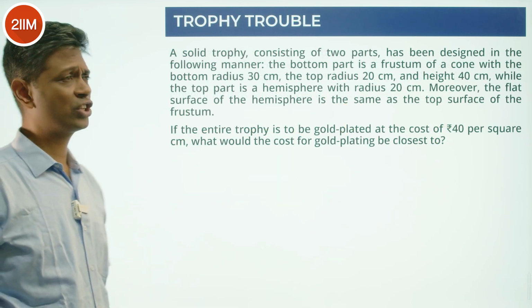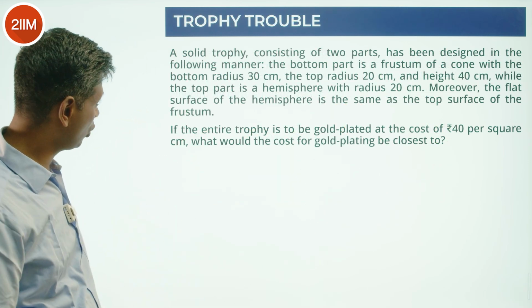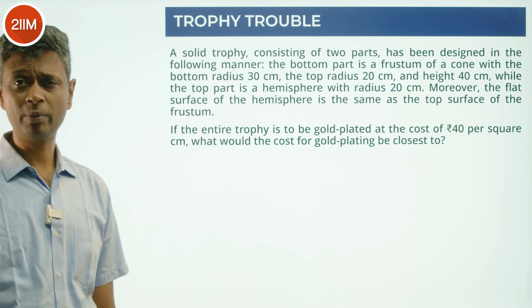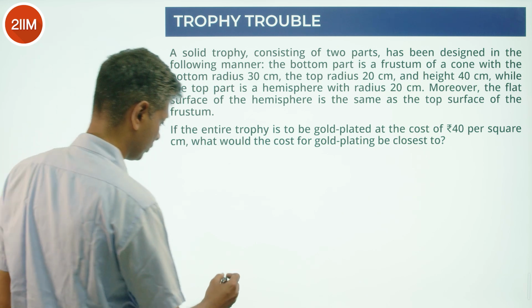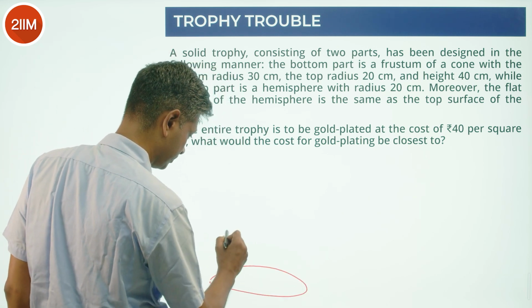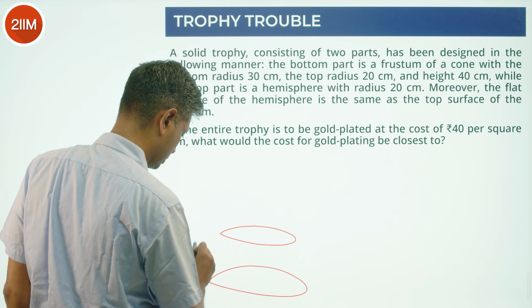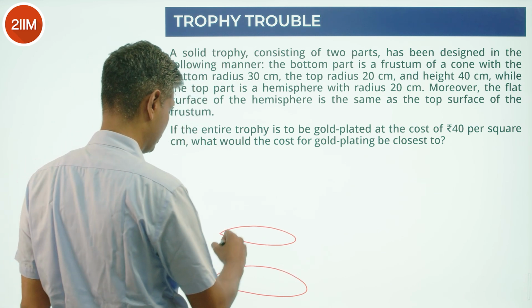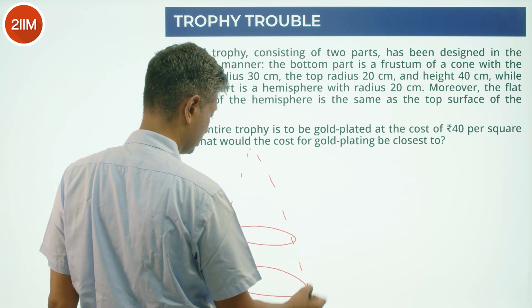A solid trophy consisting of two parts has been designed in the following manner. The bottom part is the frustum of a cone with bottom radius 30 and top radius 20 and height 40. The moment I have this, I'm straight away imagining this.